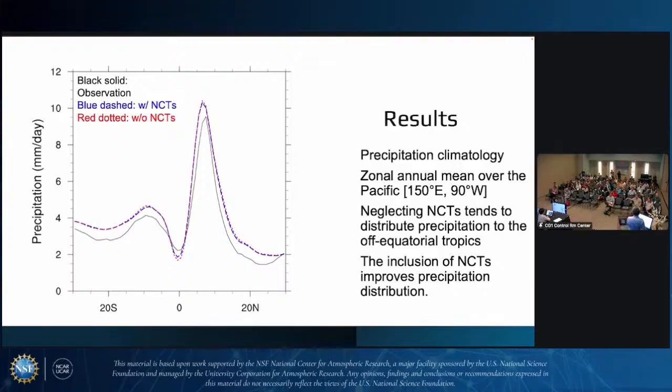And currently I'm using 1 degree resolution, which means most of the precipitation is coming from convective parametrization. And since there is a difference in cloud resolving models due to the inclusion of non-traditional Coriolis term, which may not be represented using convective parametrization, then yes, I would expect if we use higher resolution, it will make a larger difference because of those previous studies, but this needs to be verified.